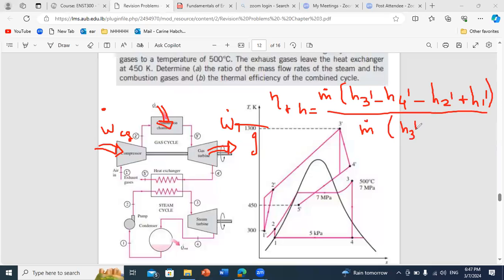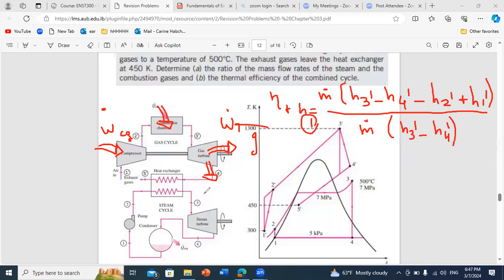So this is how you can evaluate the thermal efficiency of cycle number 1, if it's operating alone. And you will see that you'll have a low efficiency, as we discussed before, because it's true that these systems can produce a high amount of power, but also we are losing a lot of heat that is unused because of the high temperature and pressure at the exhaust of the gas turbine. So this is why we'll combine it with another cycle.